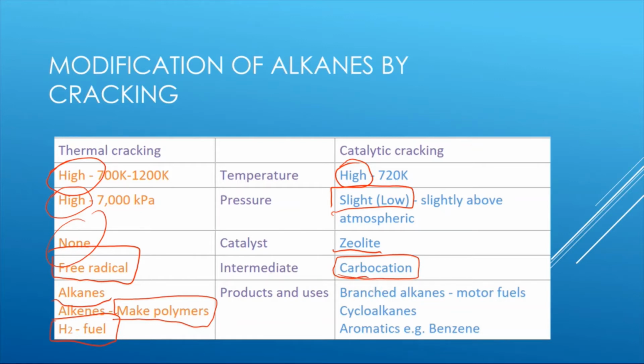For catalytic cracking, you can have branched alkanes, and these can be used for fuels. It can also produce cycloalkanes. It would always produce one branched alkane, and it would always produce at least one cycloalkane, and can produce more than one cycloalkane, but it would only ever produce one branched alkane. It can also produce aromatics such as benzene, which has the formula C6H6.